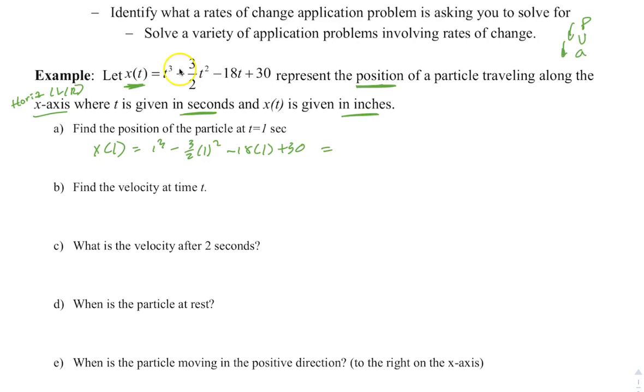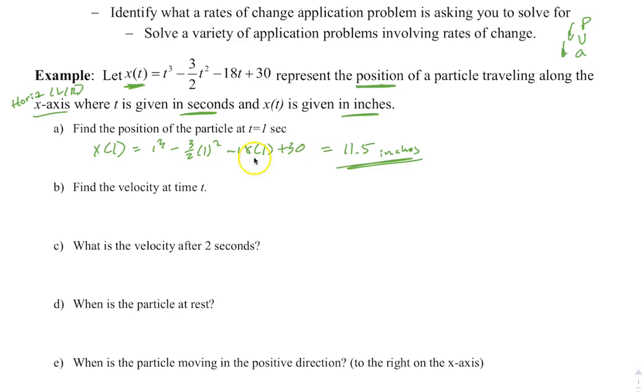If we simplify that, it's 1 minus 0.5, minus 18 plus 30, that's 12. So negative 0.5 plus 12 is 11.5. Now again, units: we're in inches, since this is our position function. No rate, just position.